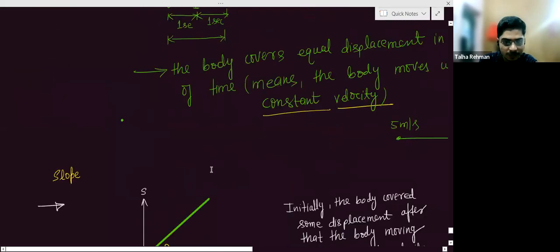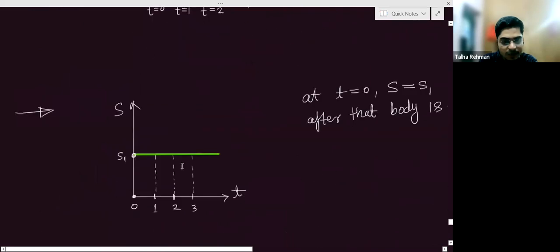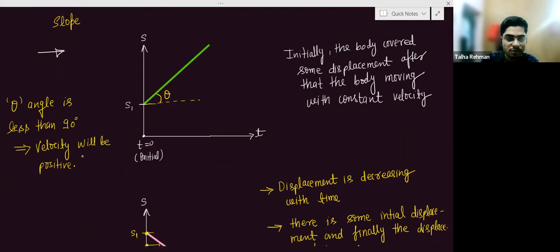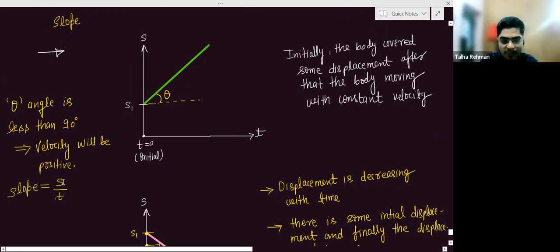So basically, why I was saying this: when theta is less than 90, velocity will be positive, because for this graph, if you calculate the slope, you will get displacement divided by time.